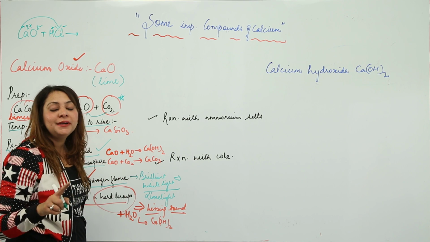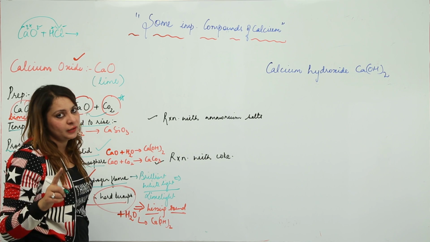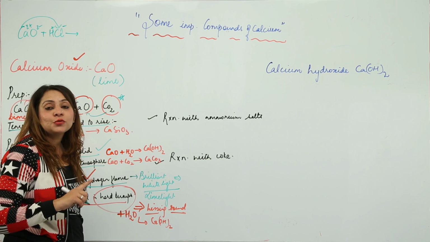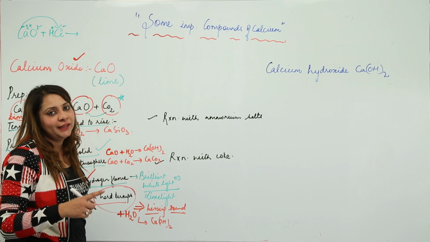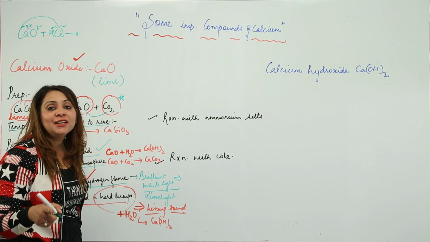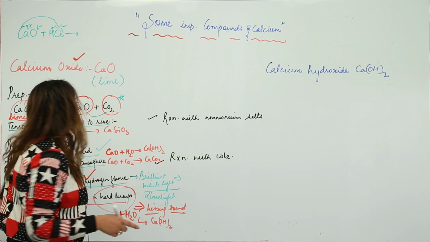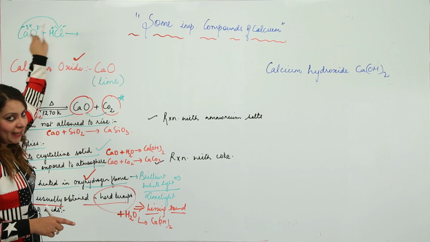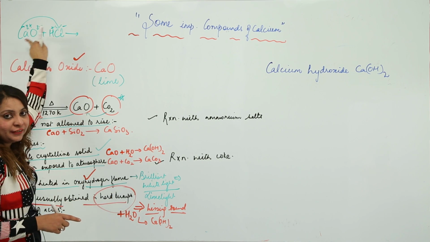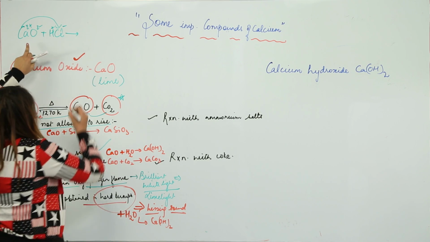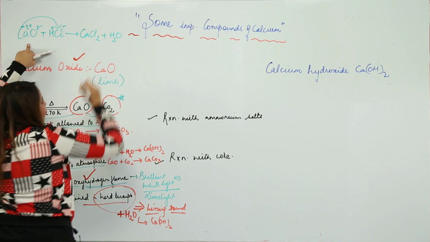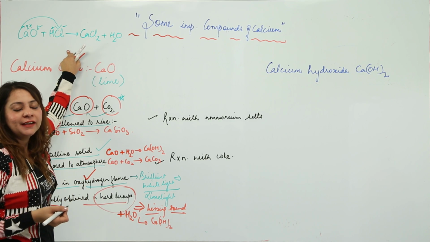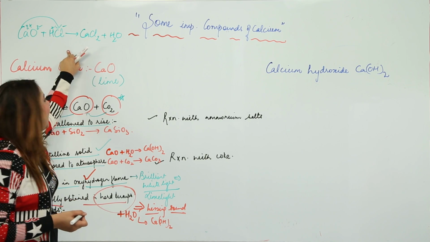You need to be familiar with the valencies properly, because the language of chemistry is chemical reactions, and chemical reactions occur only with chemical equations, and there you need to make use of the valencies, right? Like I have written the valencies, the reaction becomes very easy to solve now. It becomes calcium chloride with water. This is the reaction which occurs when it is mixed with acid.